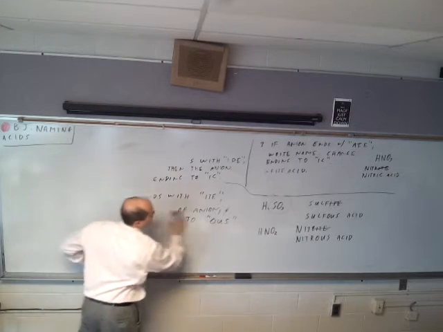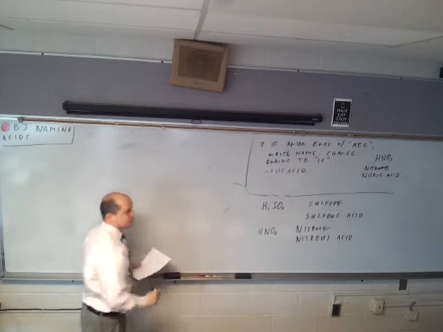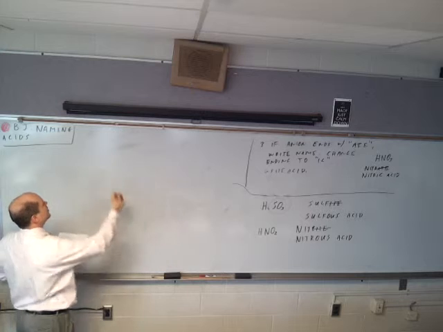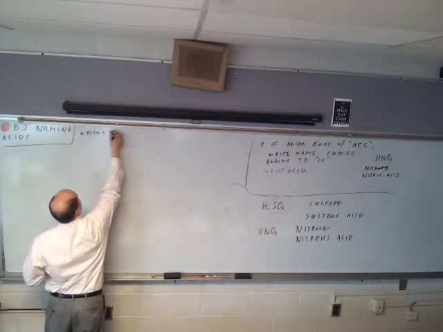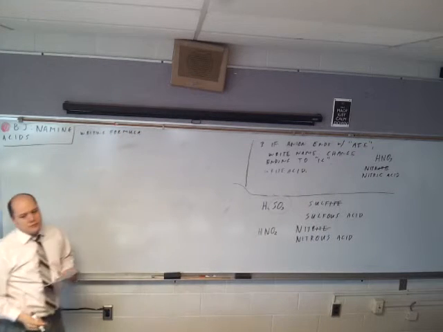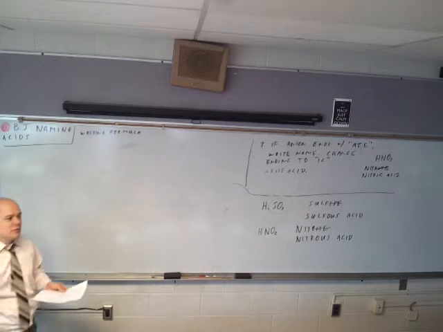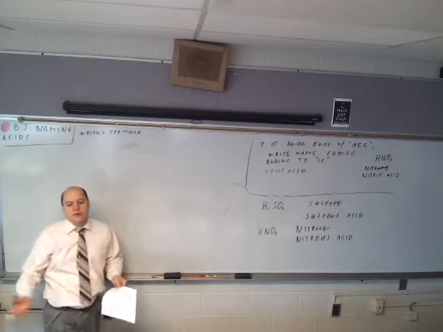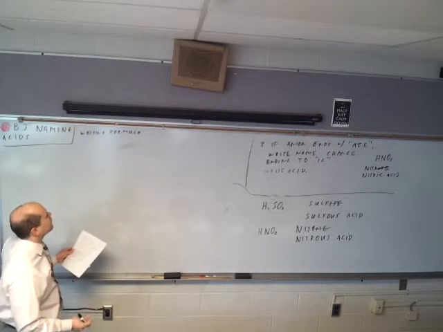Now we also gotta be able to do the reverse. So if I give you the name of an acid, I want you to also be able to write the formula. So that was naming. Now this is writing formulas. I'm going to write a couple of rules down, but if you remember everything we learned in this class, you kind of know how to do this, though it's probably worthwhile to go over it.